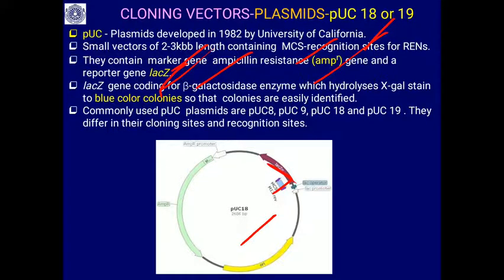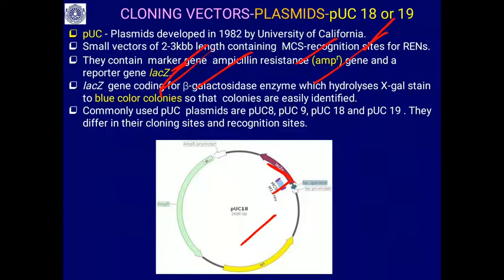So what is the function of the reporter gene? Here the reporter gene produces an enzyme called beta galactosidase. If we grow the bacteria with the X-gal substrate, the enzyme converts the substrate into blue colonies.